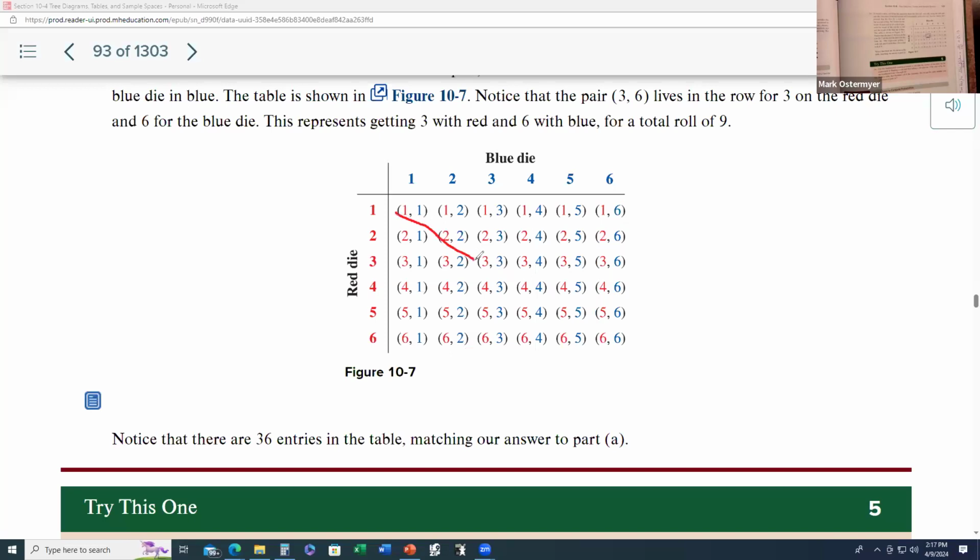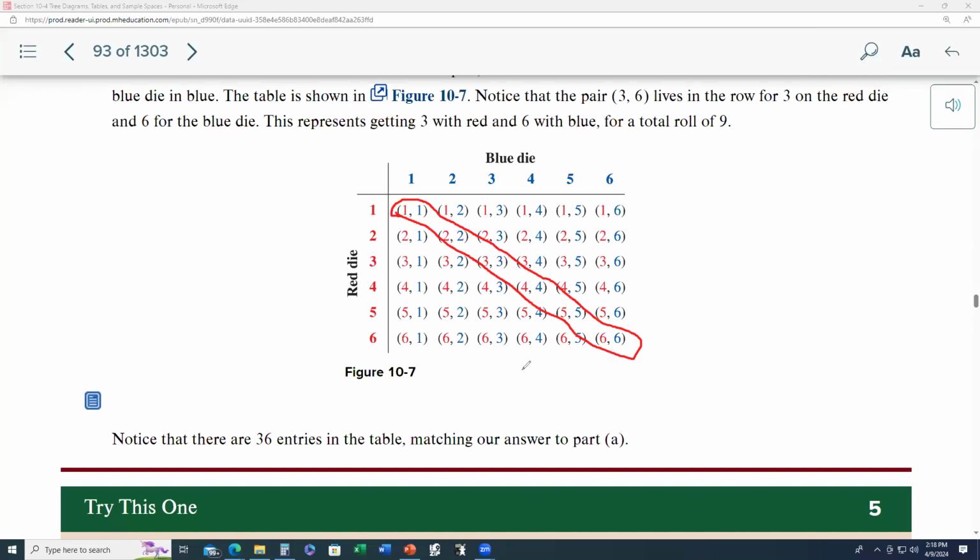Given that we roll doubles constitutes us being locked into what? These outcomes. Do you agree? Now, what's the probability we roll a 3, given that we roll doubles? 1 out of 6. It occurs right here. 1 out of 6.